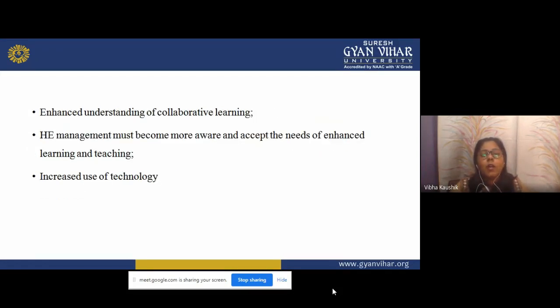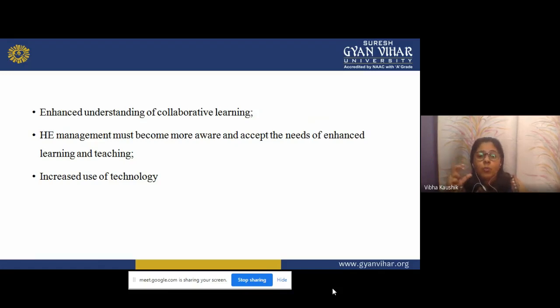Enhance understanding of collaborative learning. Our syllabus should be designed in such a way that it should increase the collaborative learning among the learners, means they will learn in a collaborative and cooperative manner. Higher education management must become more aware and accept the needs of enhanced learning and teaching.